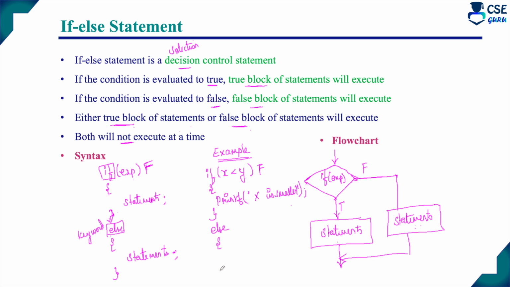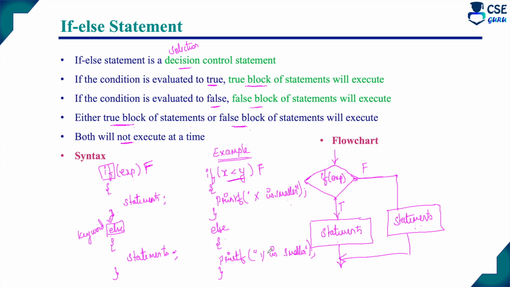Then use a printf statement to print on the output screen "y is smaller". That's it. If the condition x less than y is evaluated to true, printf x is smaller; else printf y is smaller. Only one of them will execute. This is the true block, this is the false block, and both will not execute at that time.